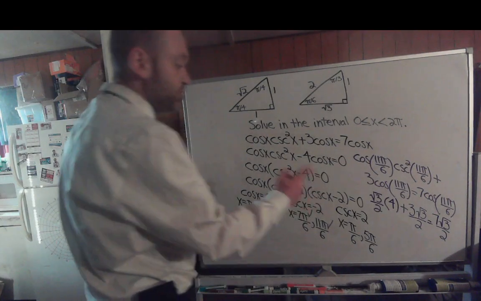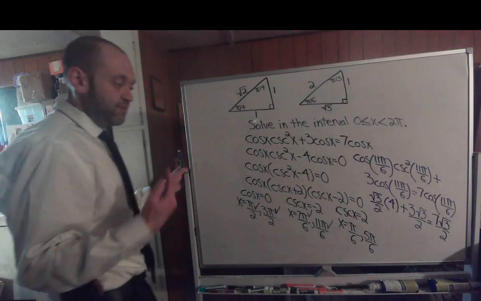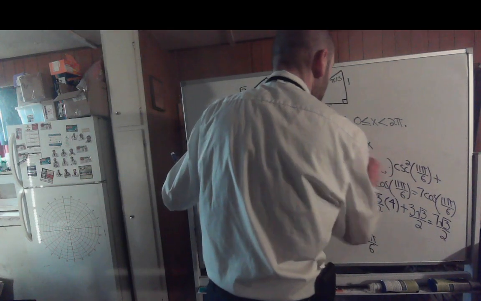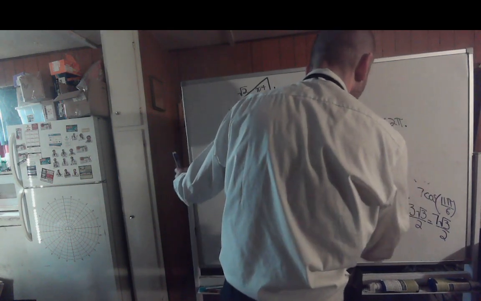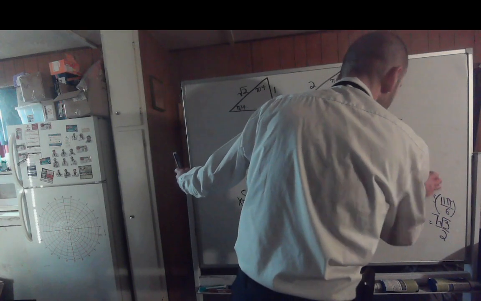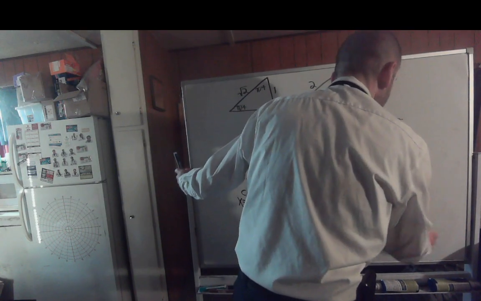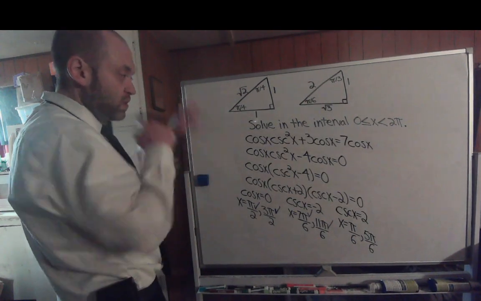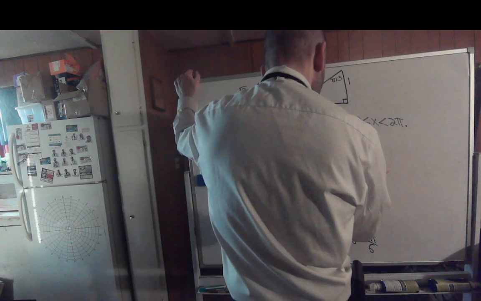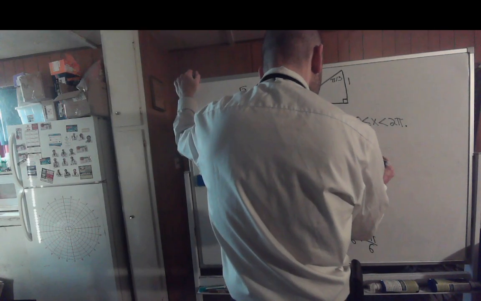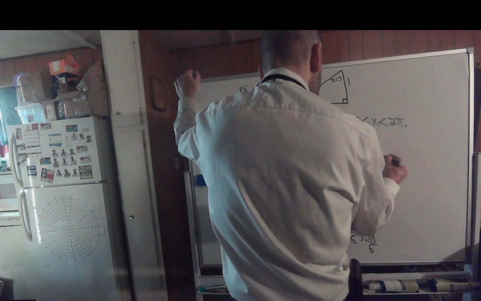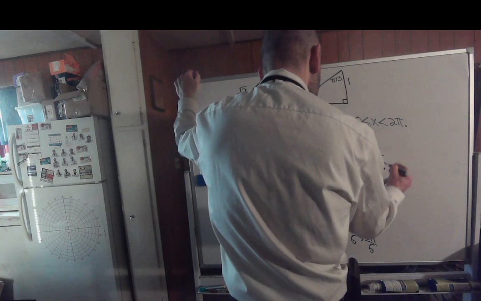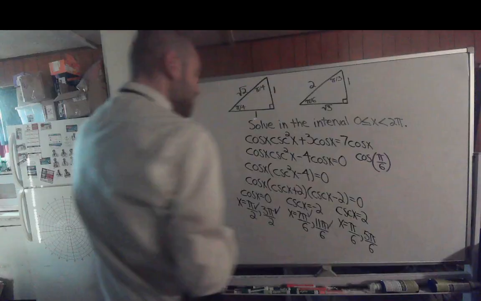Now, what about your pi over 6 and your 5 pi over 6? I know this is a long one, but it's important to verify every single solution. So, let's see here. We need to take the cosine of pi over 6 times the cosecant squared.